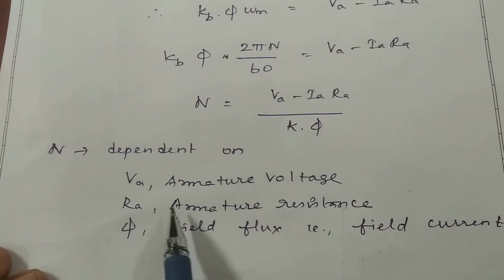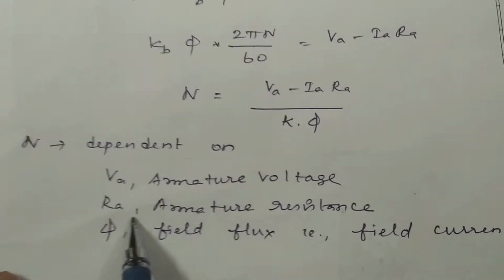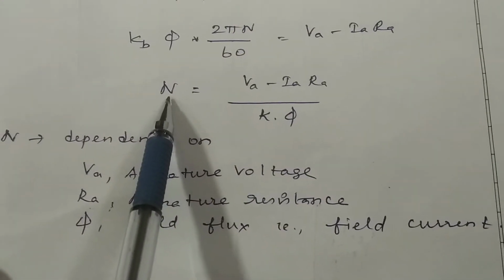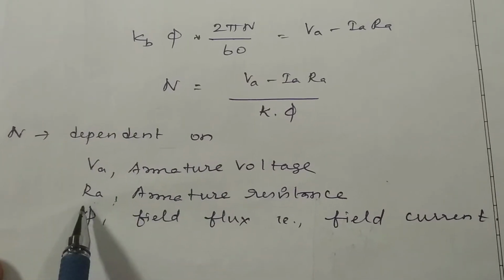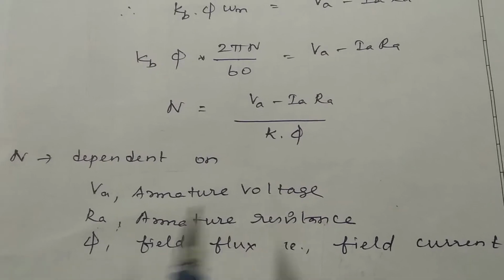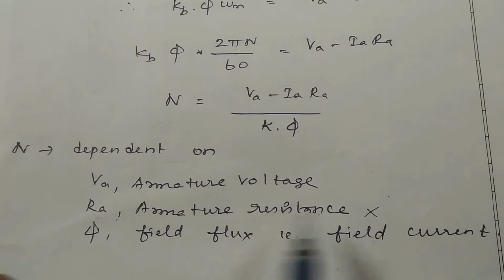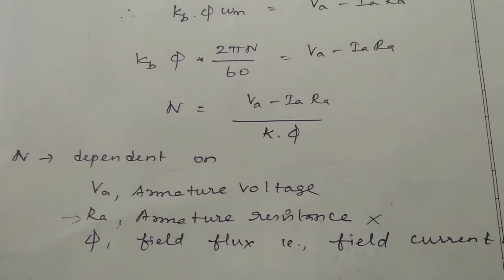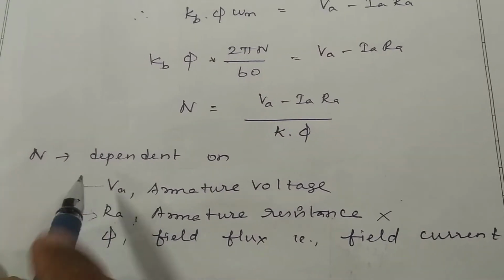Usually the method wherein we change the armature resistance for a change in speed is not advised, because if you increase the resistance, that is going to lead to a higher power loss. So this method is usually not preferred. Now we are left with two methods.